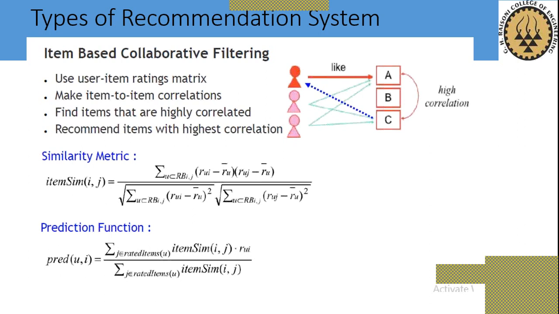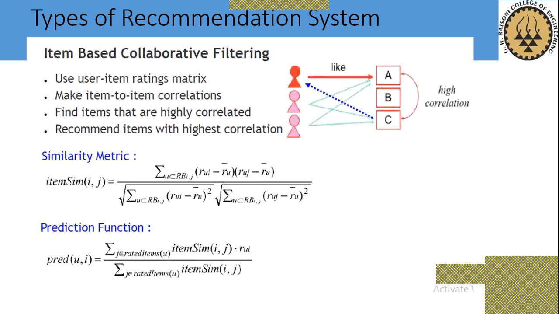From this figure, you can see that there are again three users, 1, 2, 3, and three items A, B, C. Items A and C are highly correlated using the item similarity formula, so we give the prediction to the user that you have to purchase item C when you are purchasing item A. And we give that prediction based on the users' ratings.